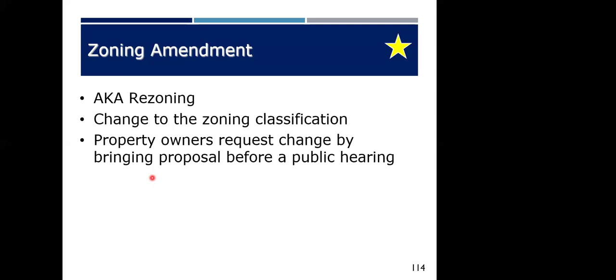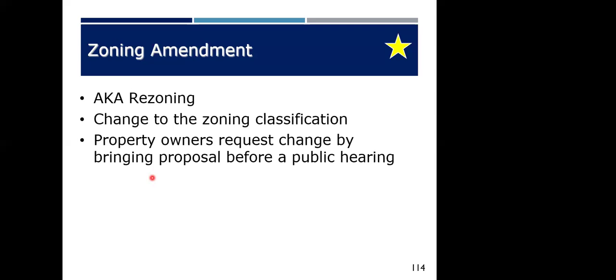When you're out driving around, I want you to start looking for zoning signs. And when you start looking for them, you're going to see them everywhere. Typically, zoning signs are white signs with red Z's or red signs with white Z's. What those zoning signs are letting you know is that there's a public hearing coming up to discuss a proposed zoning amendment.